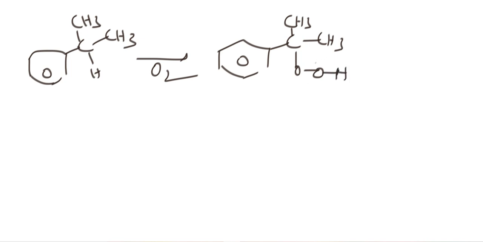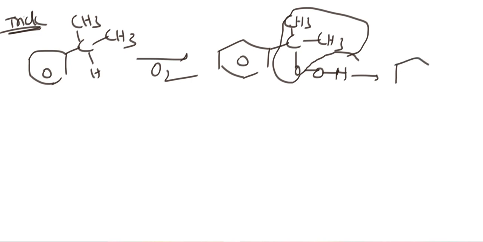This is a very simple technique, and after that you just remove CH3CO. This is a trick, very simple trick. It is not a mechanism, it is just a trick. After that CH3CO, CH3 is eliminated, forming just phenol and acetone. Okay, I hope it is clear and all have understood well.